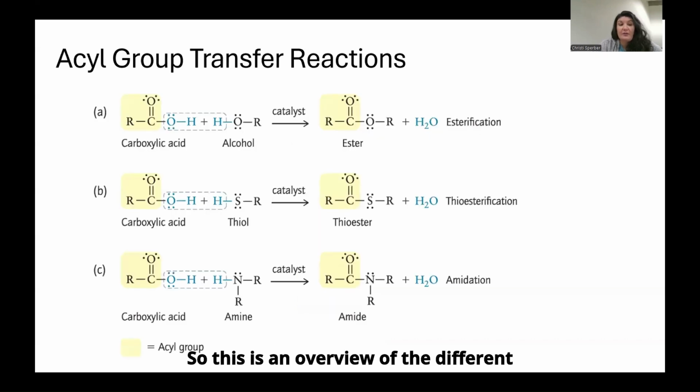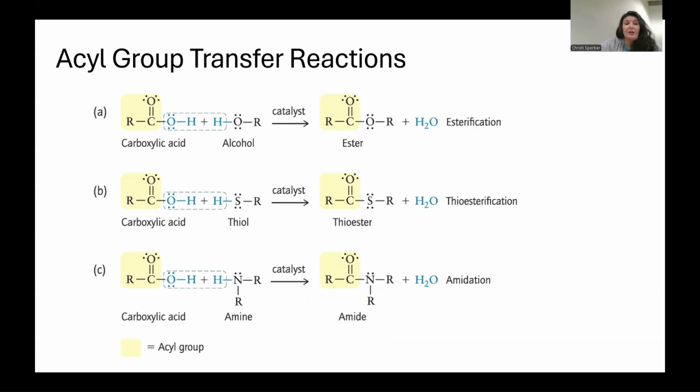So this is an overview of the different acyl group transfer reactions. The acyl group is highlighted in yellow. We have esterification: a carboxylic acid and an alcohol reacting together form an ester and water.